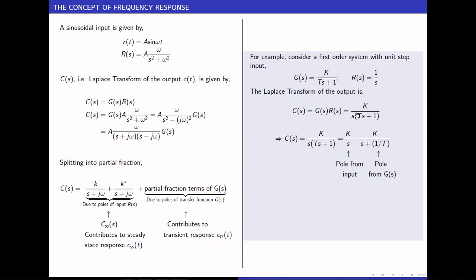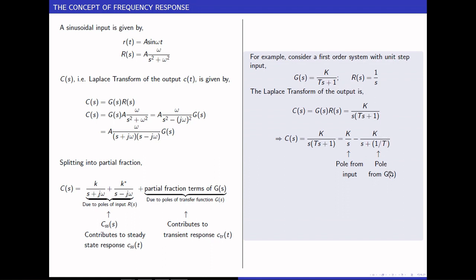So I get two terms, one term corresponding to s and another term corresponding to Ts plus 1, or I can write it as s plus 1 by T. If you notice, this s originated from this input. So this is due to the pole from the input, whereas this particular term originated from G of s, the system, the pole from G of s.